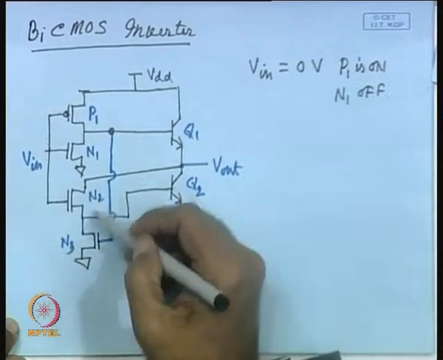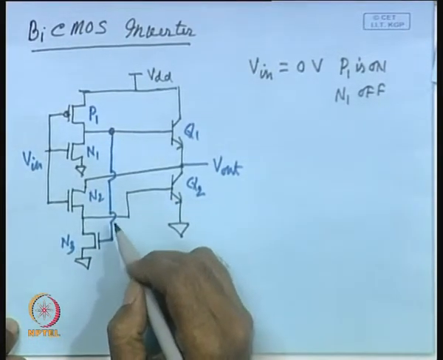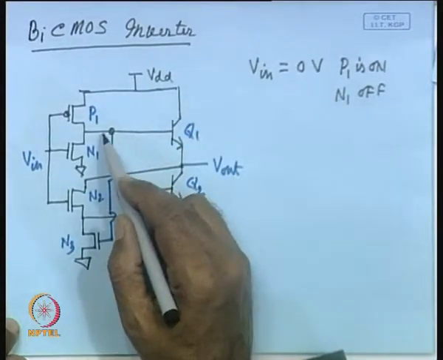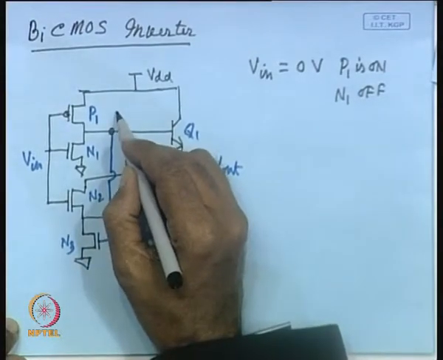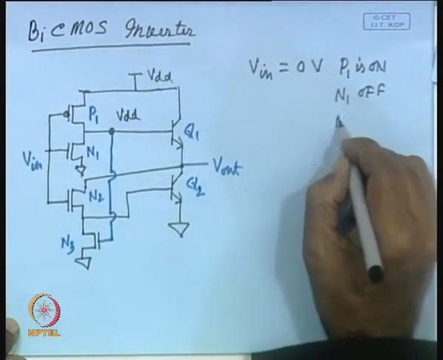I shall discuss N3 and N4 a little later. Whenever P1 is on, what is the voltage here? You will get VDD. So, this will make N3 on.